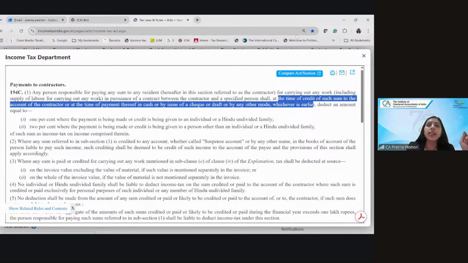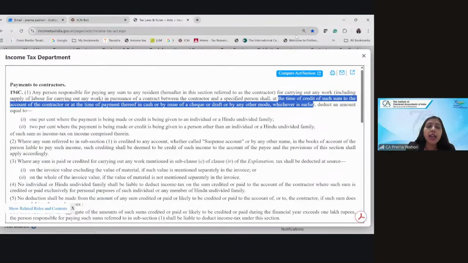It is applicable to a resident, in respect of a contract of work. What is a contract of work? We are going to see it.